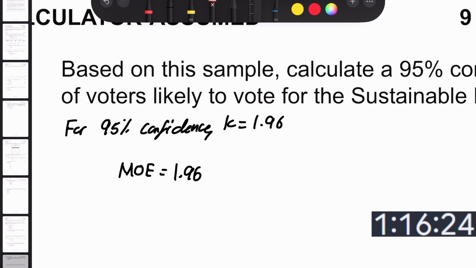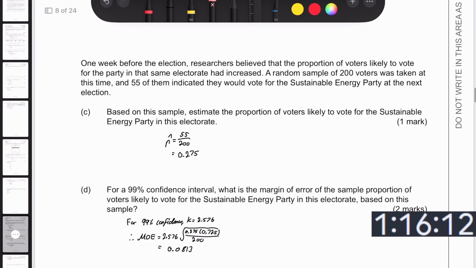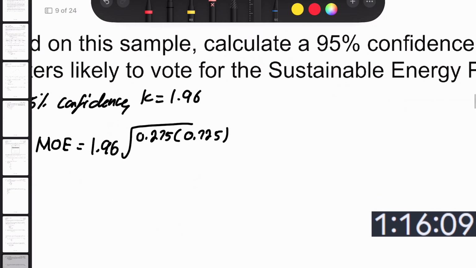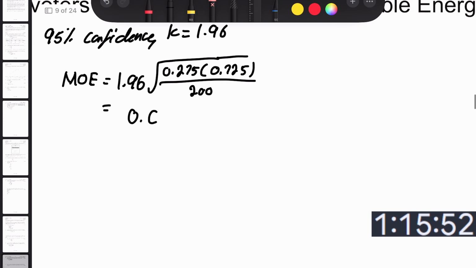So then the margin of error equals 1.96 times the square root of 0.275 times 0.725 all over 200. Let's make sure I wrote 0.725 up here. I did. So this is 0.0619.